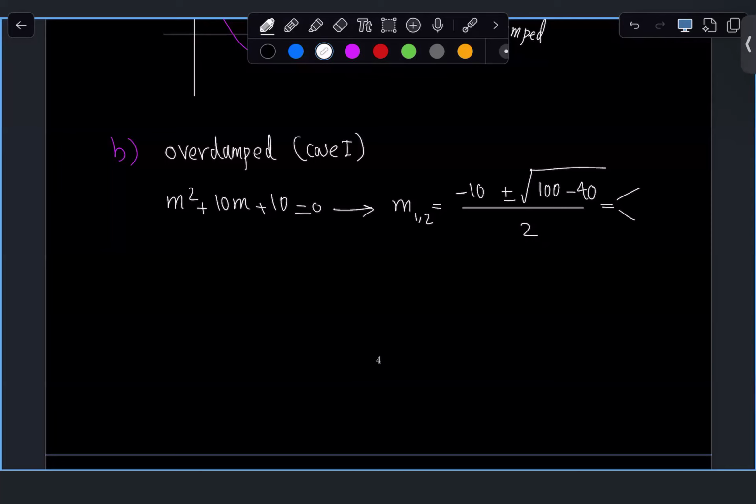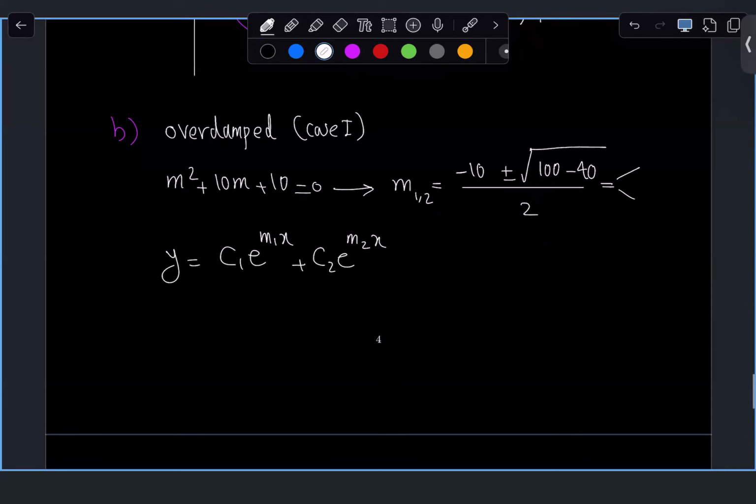And the answer will be e to the m1 x with some constant, plus e to the m2 x. And when you plot it, you just get it decaying. So you just get something like this.